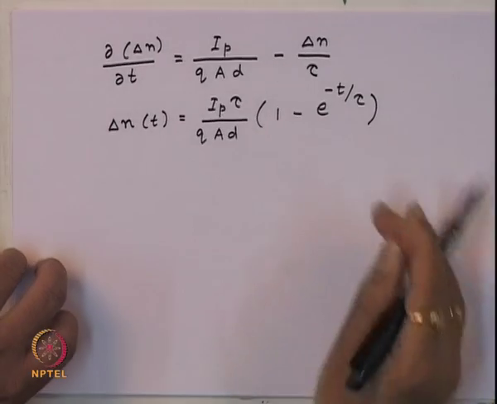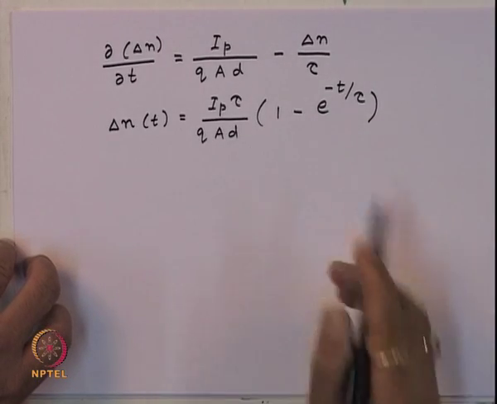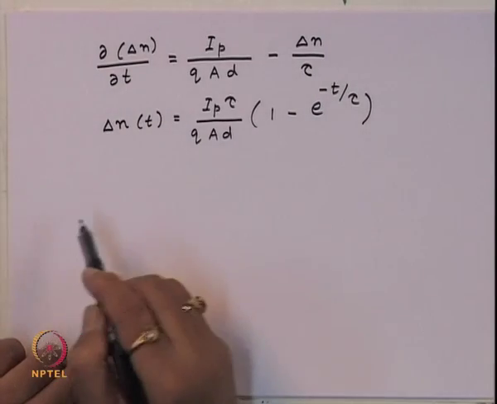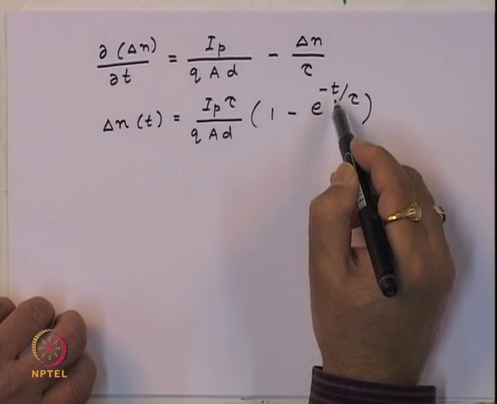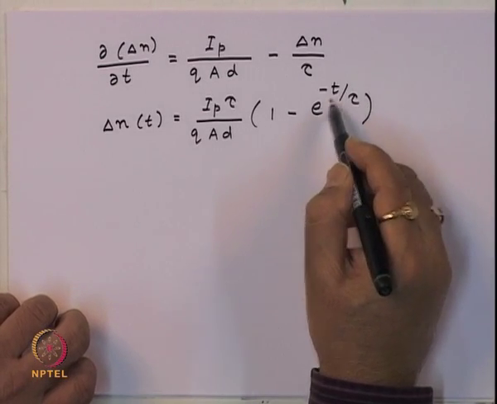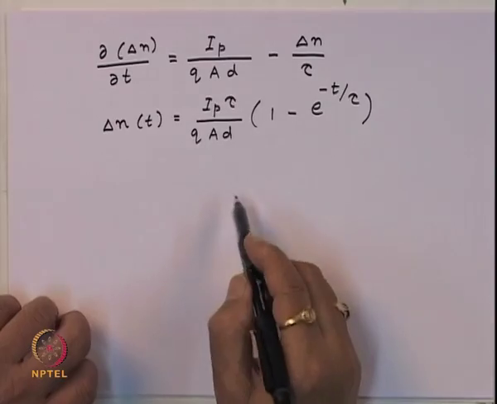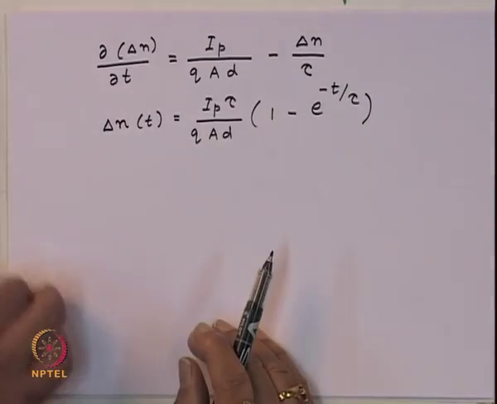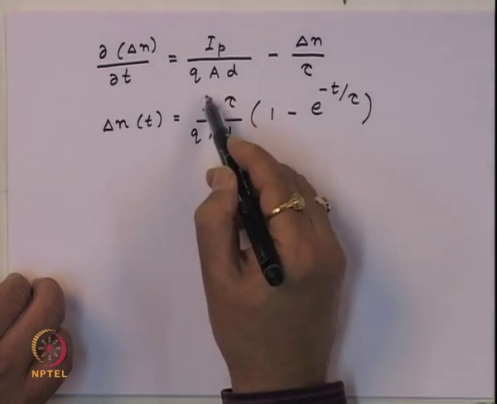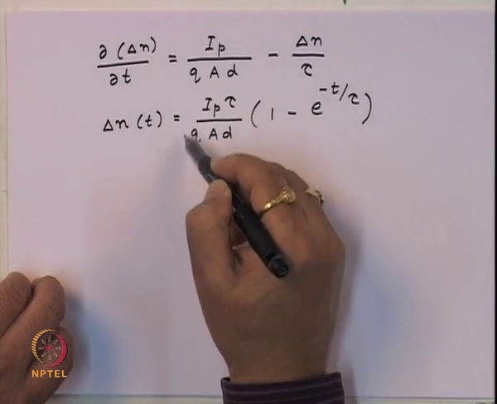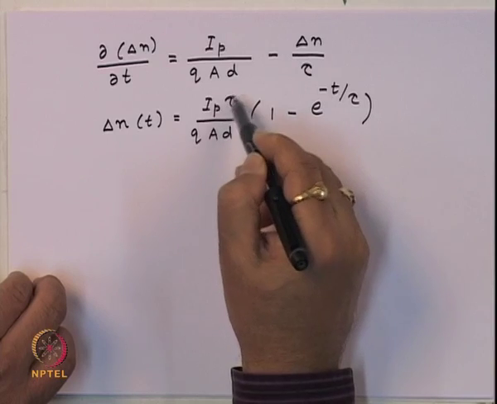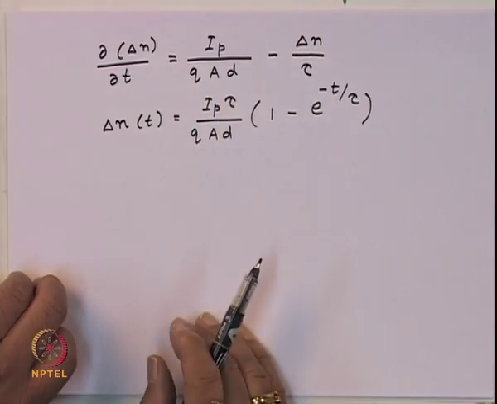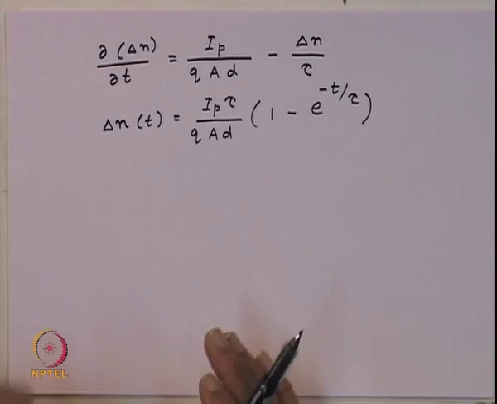One can verify that when t is equal to 0, the injected carriers are 0, and when t goes very high, you reach a steady state, and that is the carrier density you are going to have in the steady state domain. So, it is the number of carriers per unit time multiplied by the recombination lifetime. That is the steady state density you will see inside the junction of the laser diode.